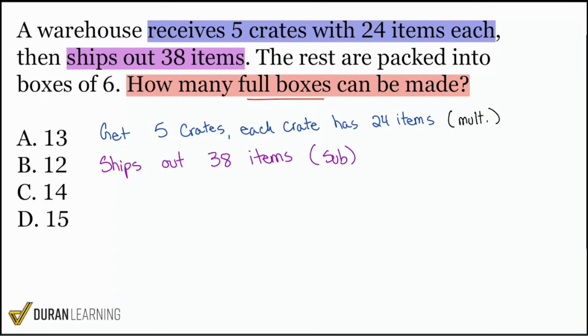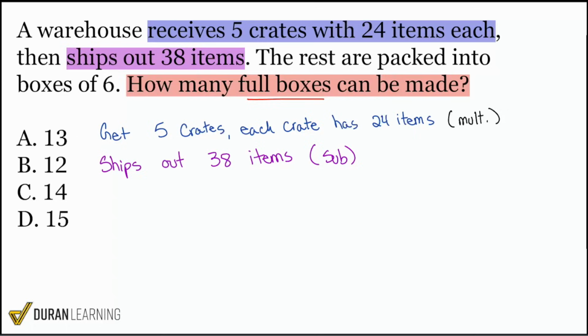Now let's see if we can squeeze in this one last detail. It says the rest of the items are packed into boxes of 6. When we think about packing into boxes of 6, and we're trying to see how many boxes we can make, it sounds like we're trying to see how many groups we can make.